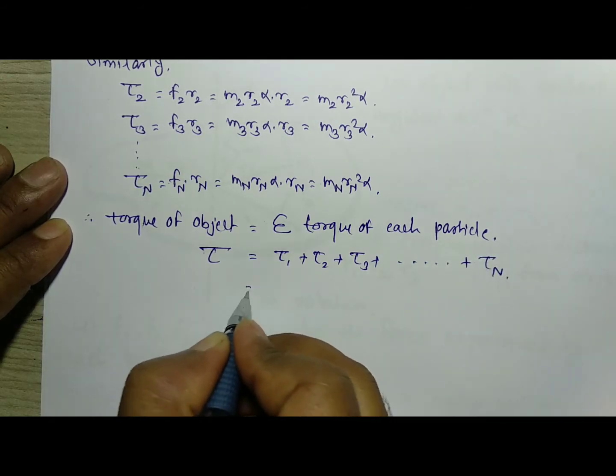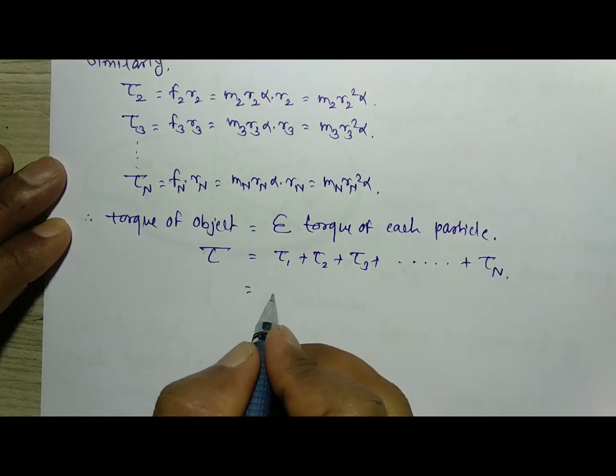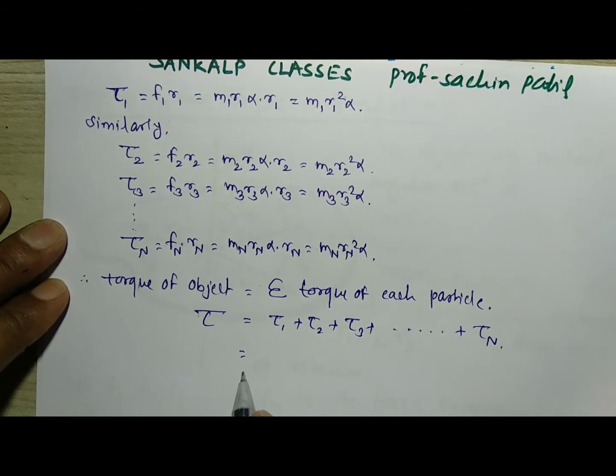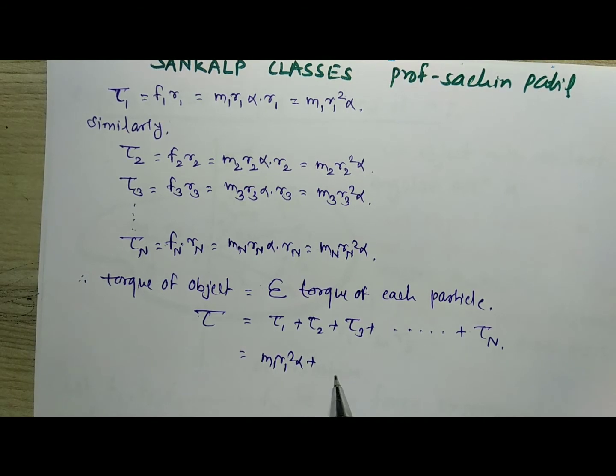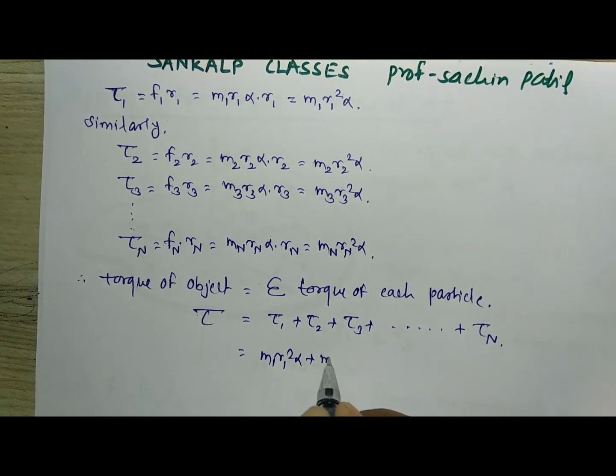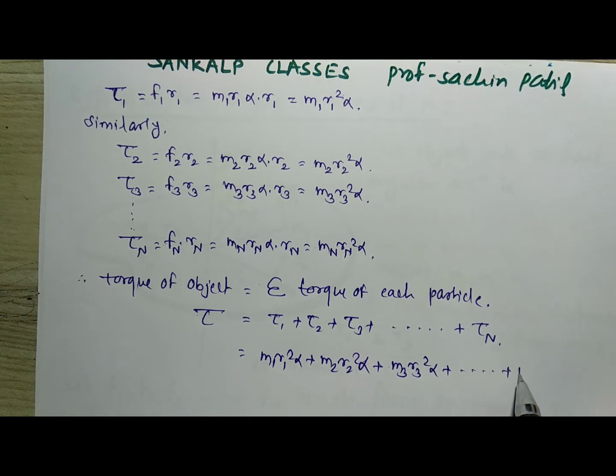We know that tau 1 is m1 r1 square alpha plus m2 r2 square alpha plus m3 r3 square alpha and so on up to plus mn rn square alpha.